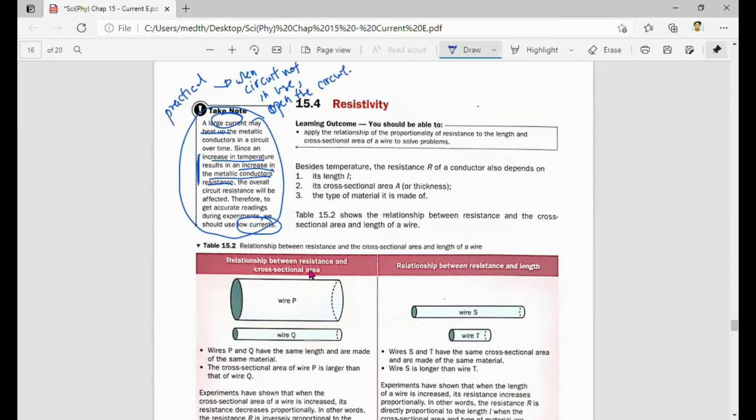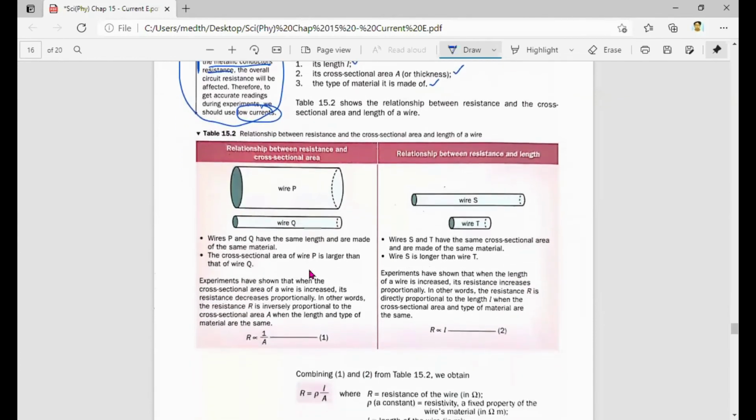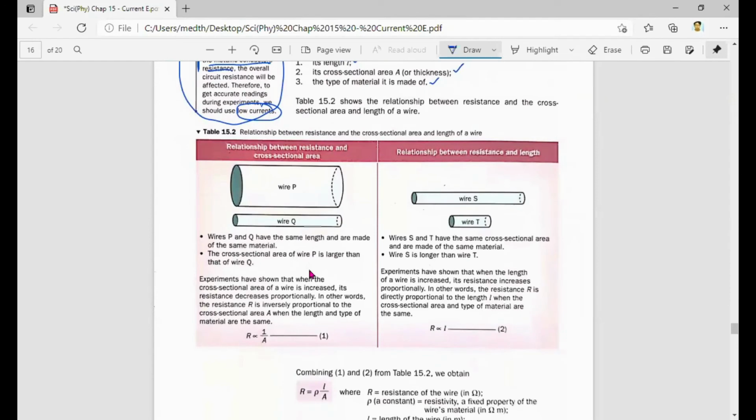Besides temperature affecting the resistance, there are three other things that can affect it. One is the length, one is the cross-sectional area, and the other is the type of material it's made of. Let's go into some of the basics first. Relationship between resistance and cross-sectional area. Wires P and Q have the same length and are made of the same material.